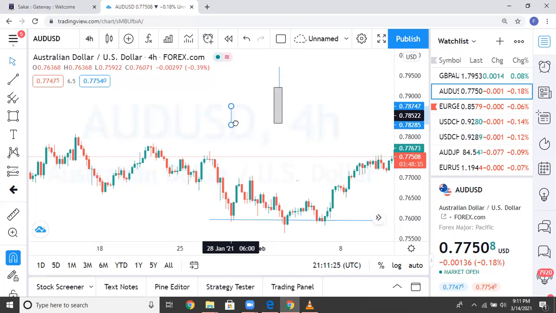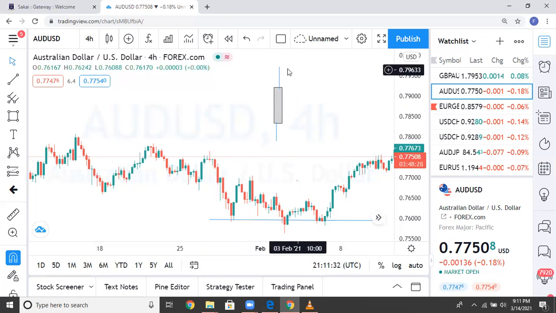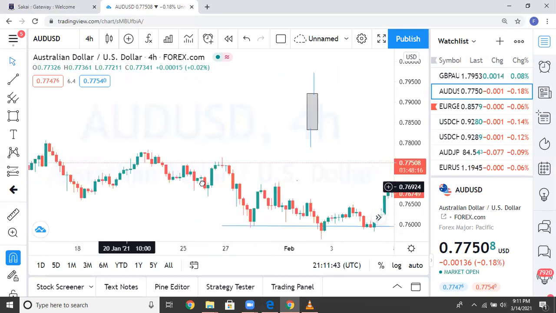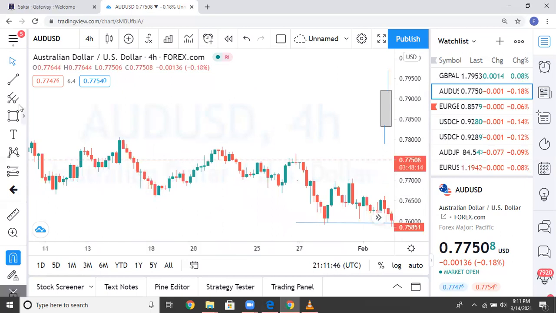Anytime you see this candle, it means that it's an engulfing candle. An engulfing candle is a strong reversal candle. So let's identify some of the engulfing candles. This one is one of them. This candle, this candle. There are types of candles. This is an engulfing candle.